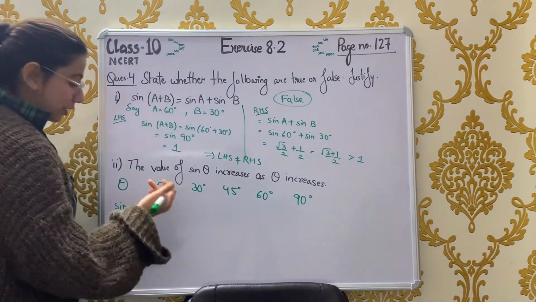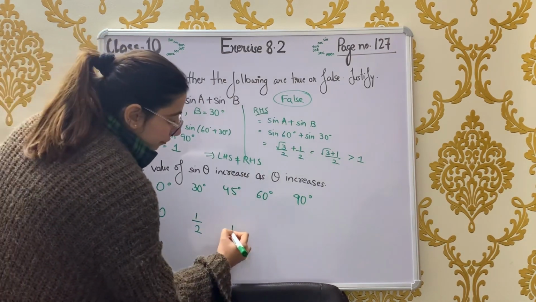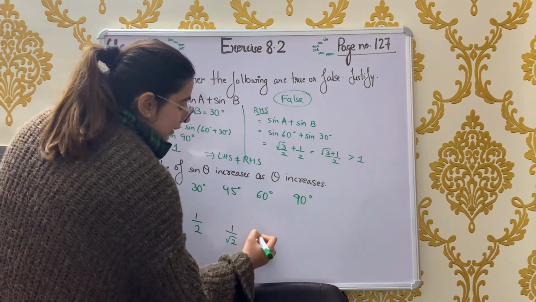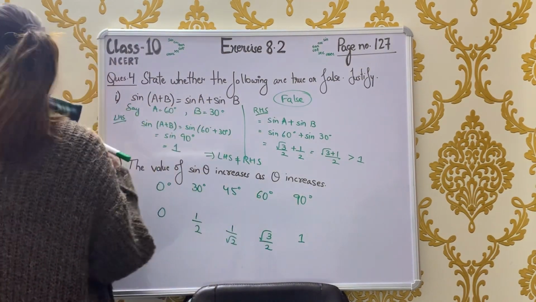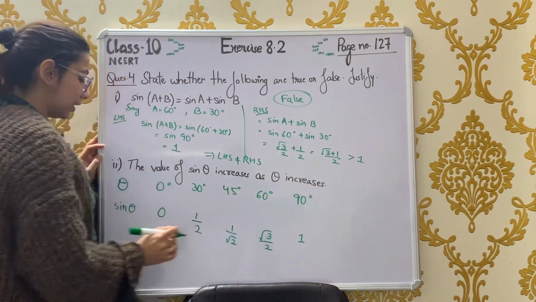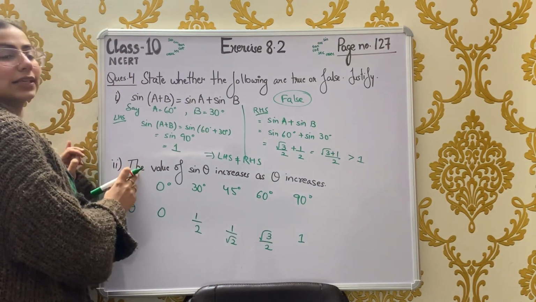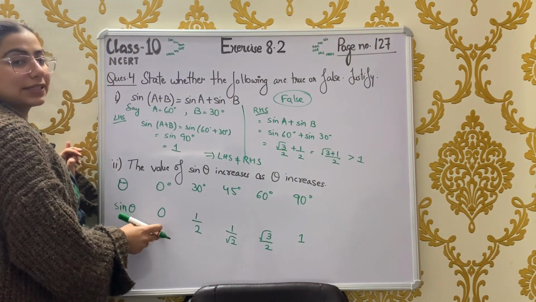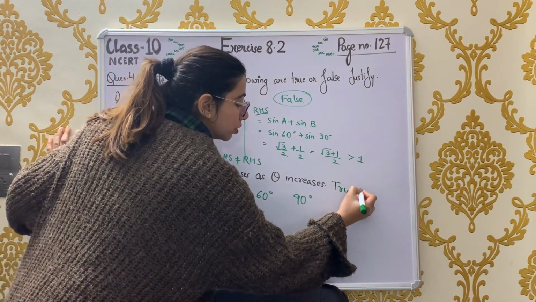So sin 0 is 0, sin 30 is 1 by 2, sin 45 is 1 by root 2, sin 60 is root 3 by 2 and sin 90 is 1. We observe as the theta value increases from 0 to 90 degrees, sin theta also increases from 0 to 1. So we can say that the value of sin theta increases as theta increases. So this statement is true.